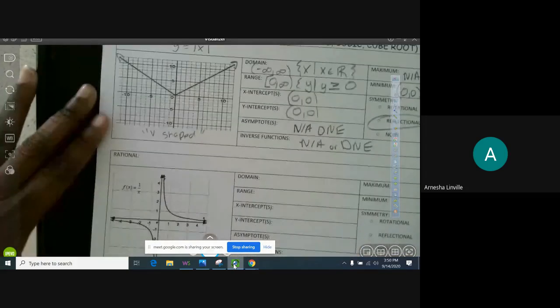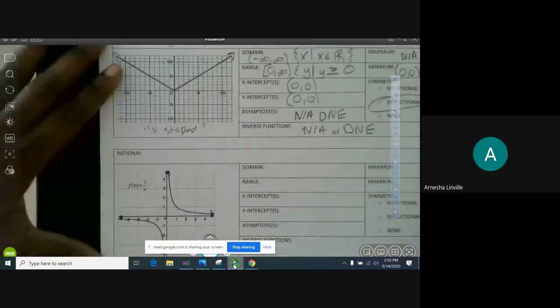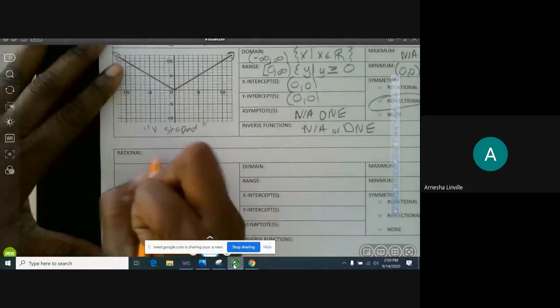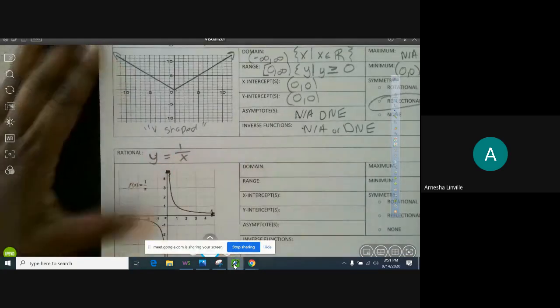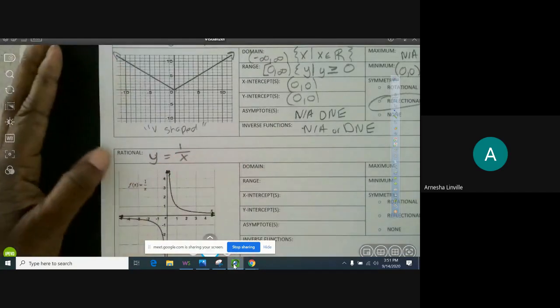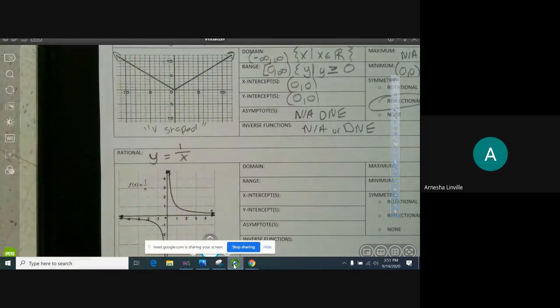All right, moving on to rationals. For rationals, our equation is going to be y equals 1 over x. So rational is like what it seems like. Rational numbers are fractions, so a rational equation is kind of set up like a fraction.